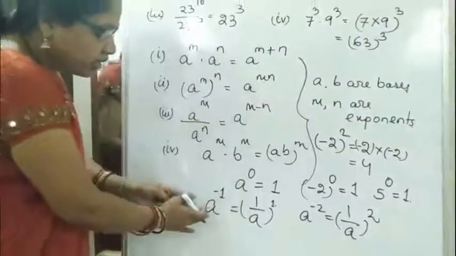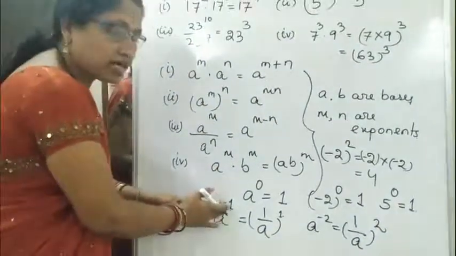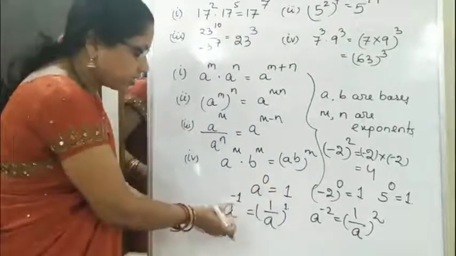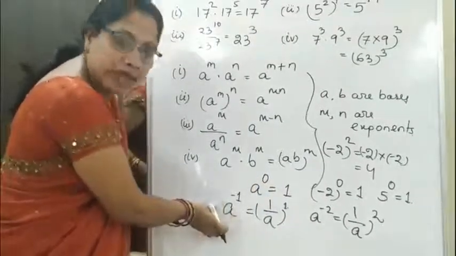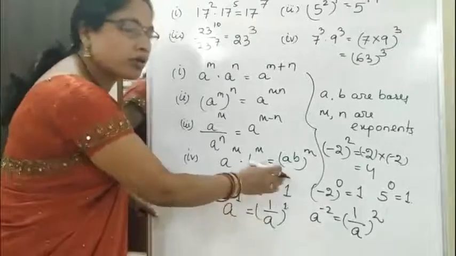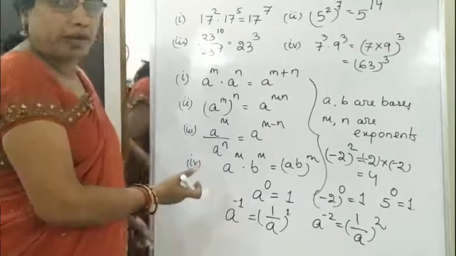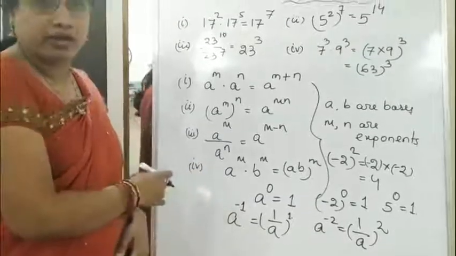That means if a base has a negative exponent, then we simplify it as the reciprocal of the base to the positive power. Like this you have simplified these problems in your earlier class.